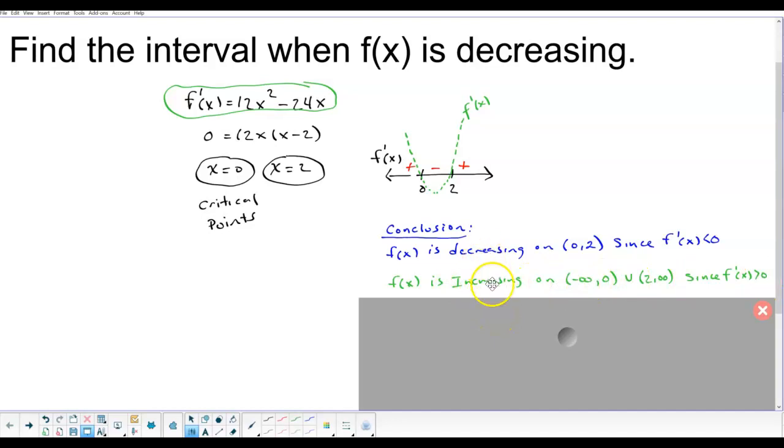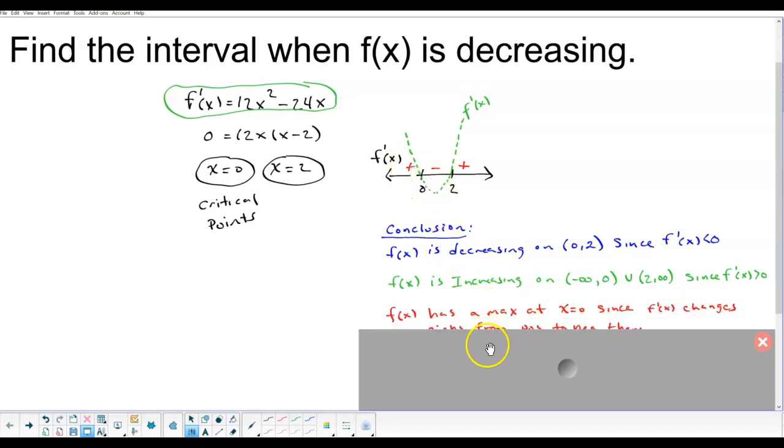And since we know when the function's increasing and decreasing, I could also make a conclusion about what's happening exactly at 0 or at 2. Well, if my graph goes from positive derivatives to negative derivatives, at x equals 0 there's a maximum of the original function because f prime of x changes signs from positive to negative.